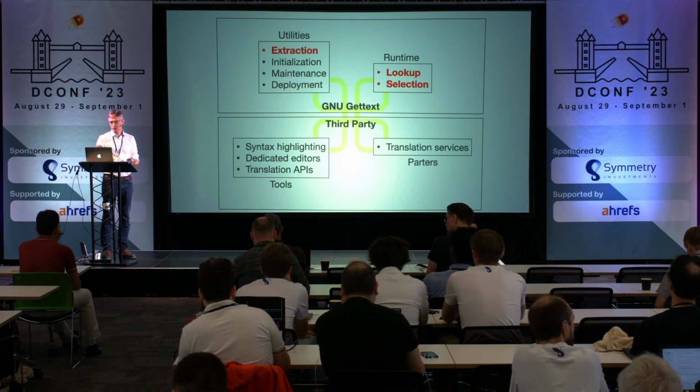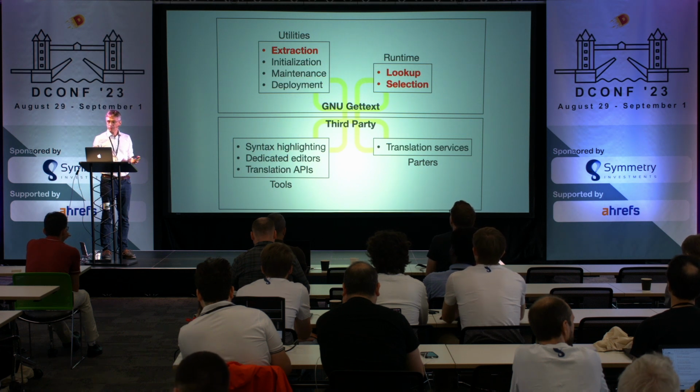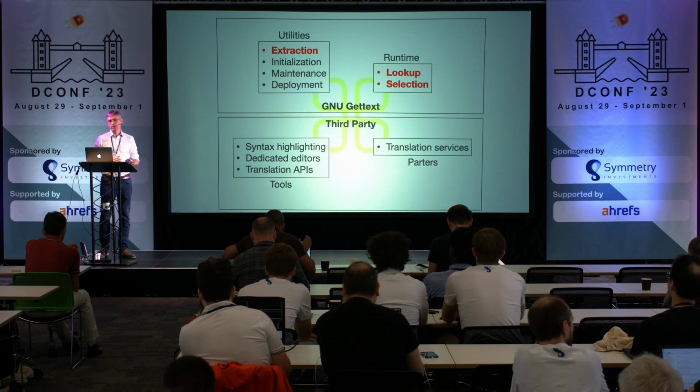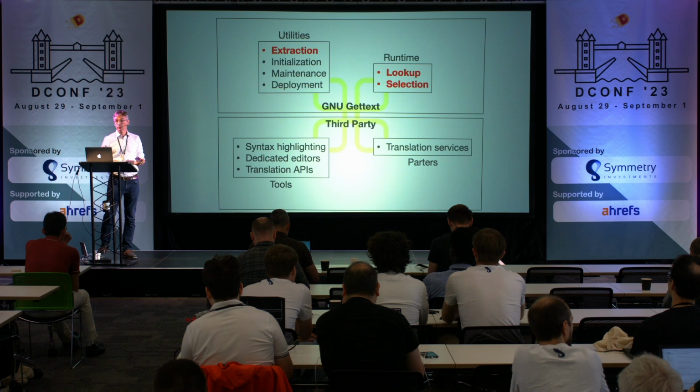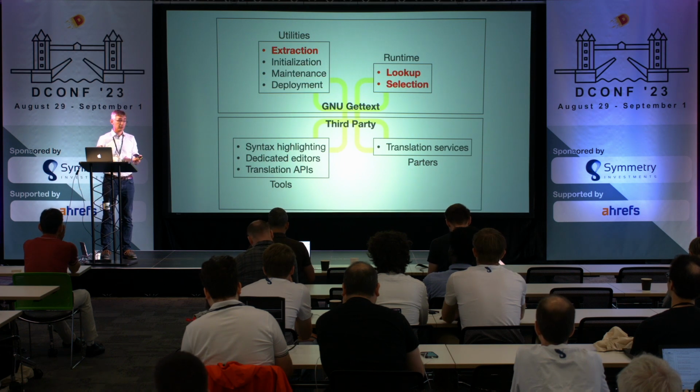As we'll see shortly, my gettext package takes care of string extraction and the runtime. And for the rest, it ties into this existing ecosystem. But before looking at this situation, let's briefly look at how GNU gettext is used in C, the way it was designed to be used. Because maybe we can give D programmers a better experience than C programmers.